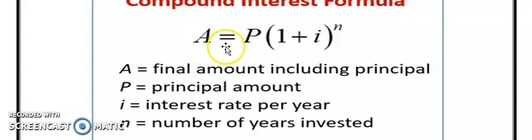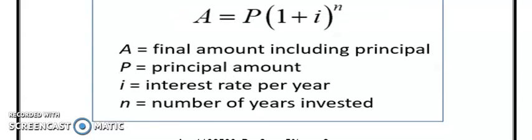Replacing in the formula, A = P(1 + 5/100)^n, where n is 2. So we have 11 lakh 2500 = P(1 + 5/100), which we can make 105/100, to the power 2.